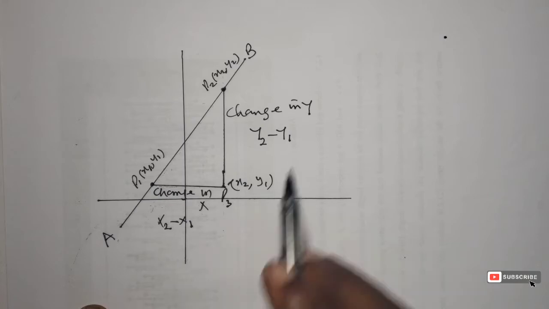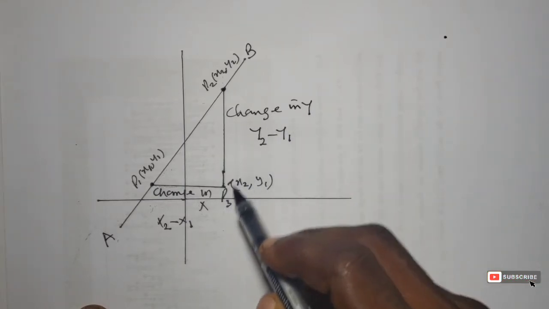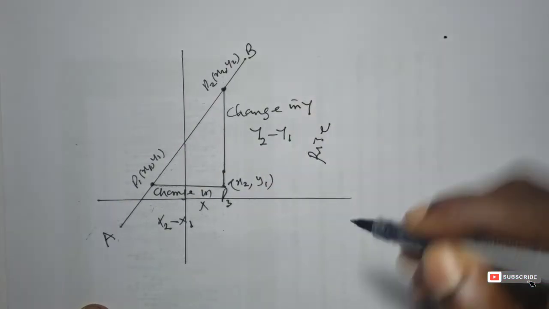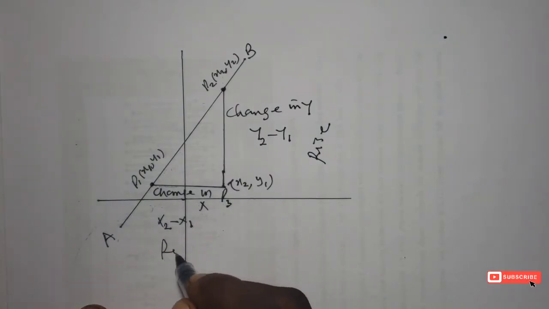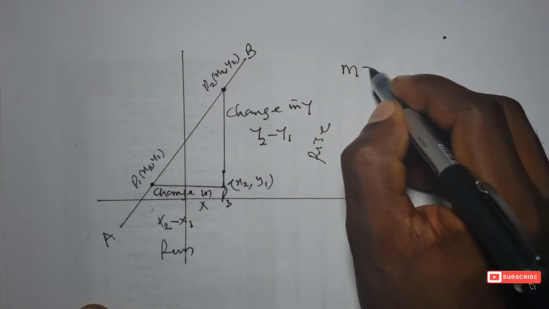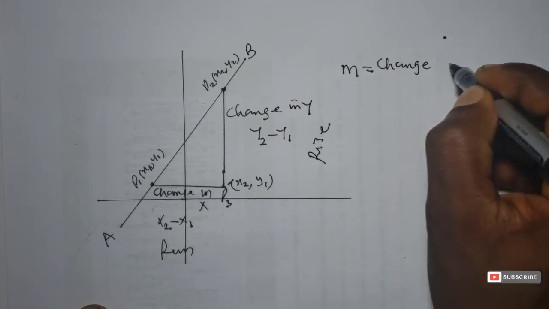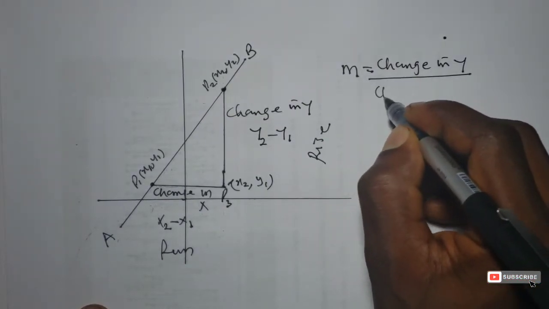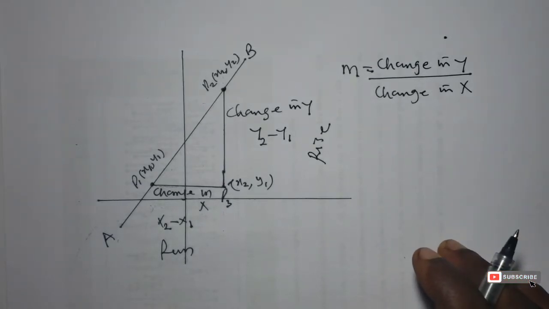Another way of looking at this change in y is by saying that from P3 to P2 we say rise, and from P1 to P3 we say run. So our slope M of that straight line is simply the change in y divided by the change in x.